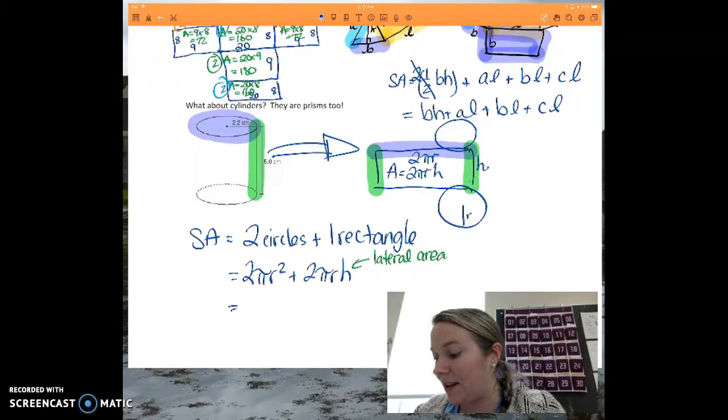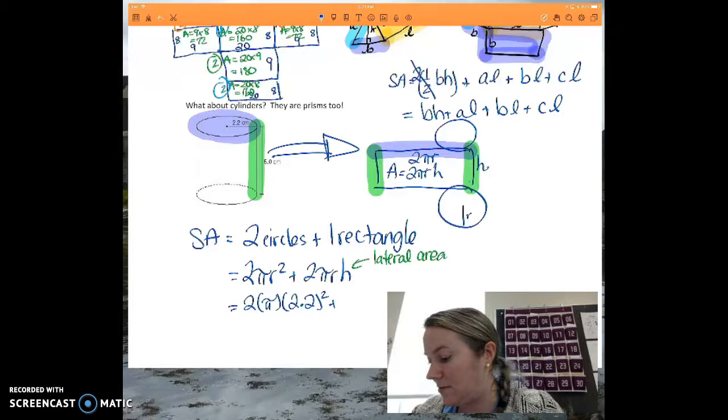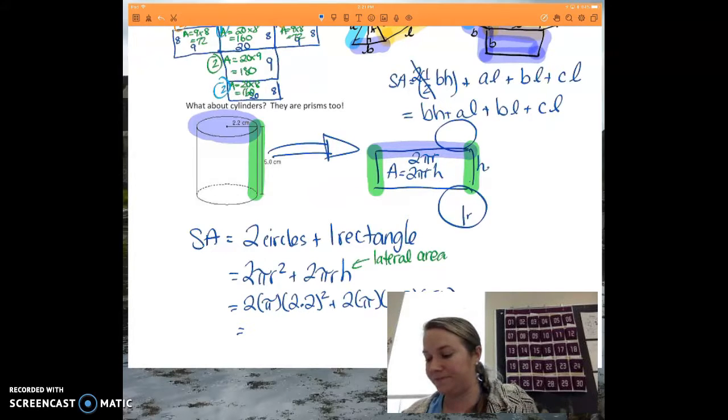So let's calculate this. We have 2 times pi times the radius, which is 2.2, squared, plus 2 times pi times 2.2 times the height, which is 5.0. And now we're just going to add it together.